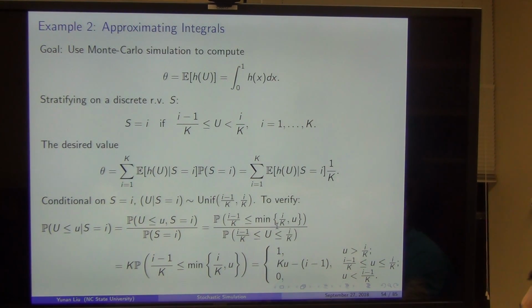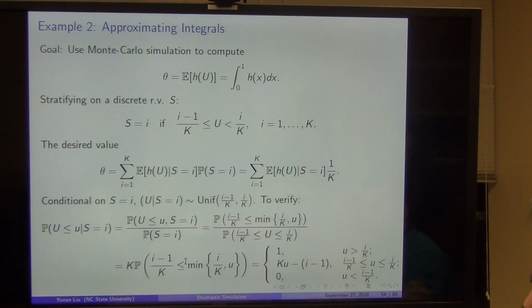Which has probability this, right? And here the denominator is just the probability of this, which is 1 over k. So it's k times, right? So again, this is a typo. It should be this guy less than big U, less than the upper bound. I'm missing something in the middle.